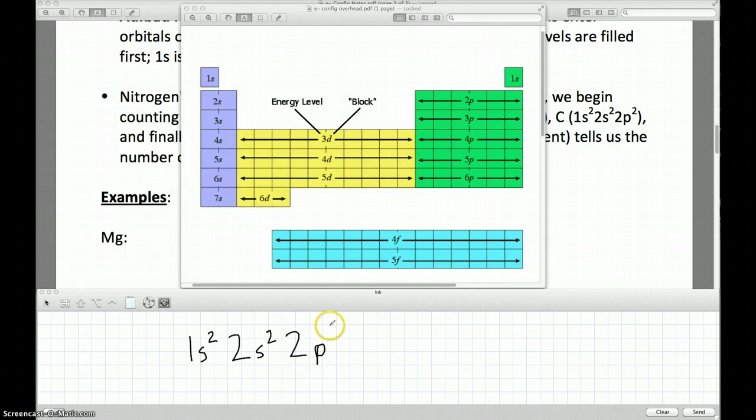So it's 2p6. I'm done with that row. I go down. The next code I hit is 3s. And remember, magnesium is the second one in, so 1, 2 gets me to magnesium. So 1s2, 2s2, 2p6, 3s2 is the electron configuration for magnesium.